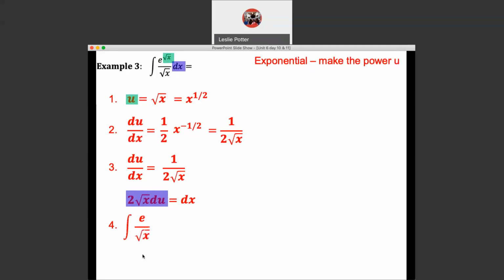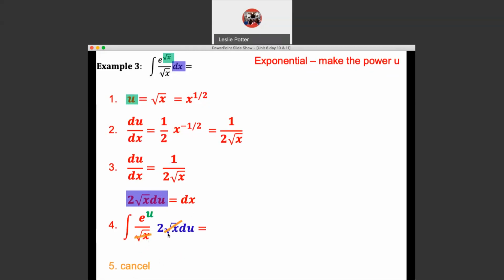So let's take a look at what that looks like. That substitution then looks like this. So we have e to the u, and then we still have the root x in the bottom. We're not moving that. And then the dx is going to be 2 times root x du. And then we're going to be able to cancel the root x's.